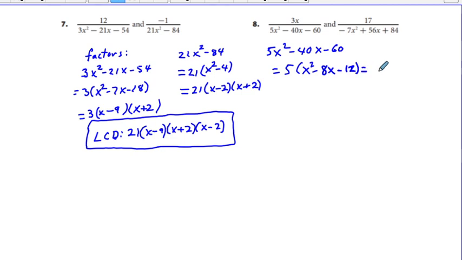So that's going to be equal to 5 times, let's factor this x squared minus 8x minus 12, so we have x and x, we know that.